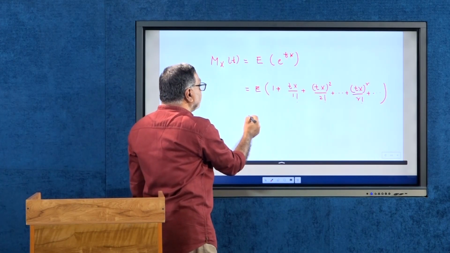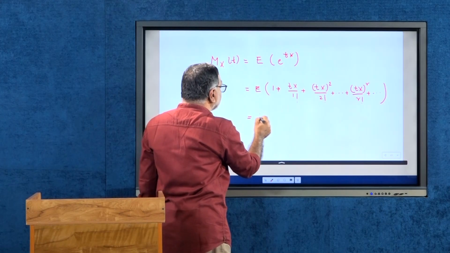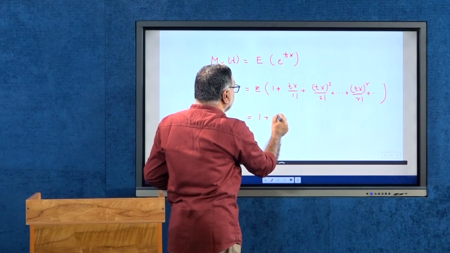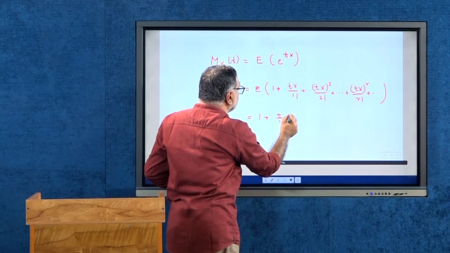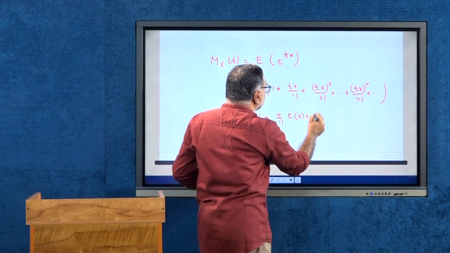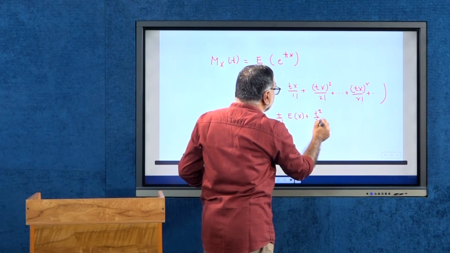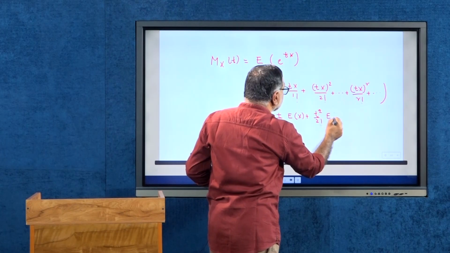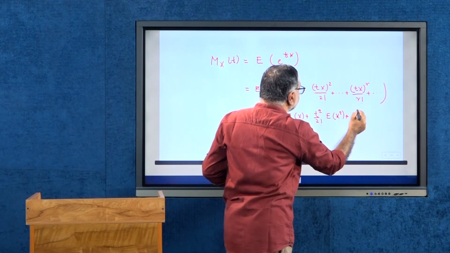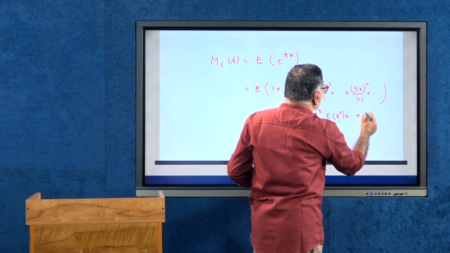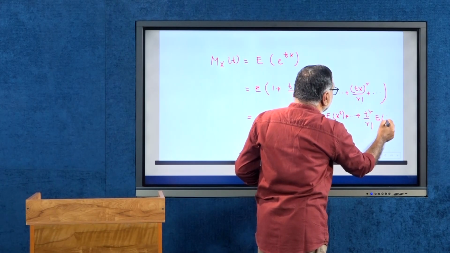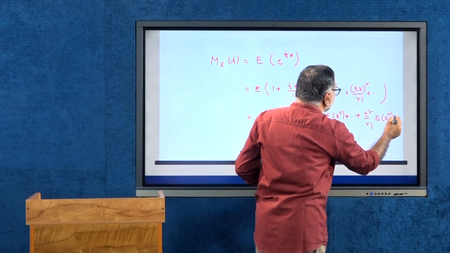Taking expectation, this is equal to the expectation of 1, that is 1 itself, plus t by 1 factorial expectation of X plus t square divided by 2 factorial expectation of X square plus etc., the general term t power r divided by r factorial expectation of X power r plus etc.